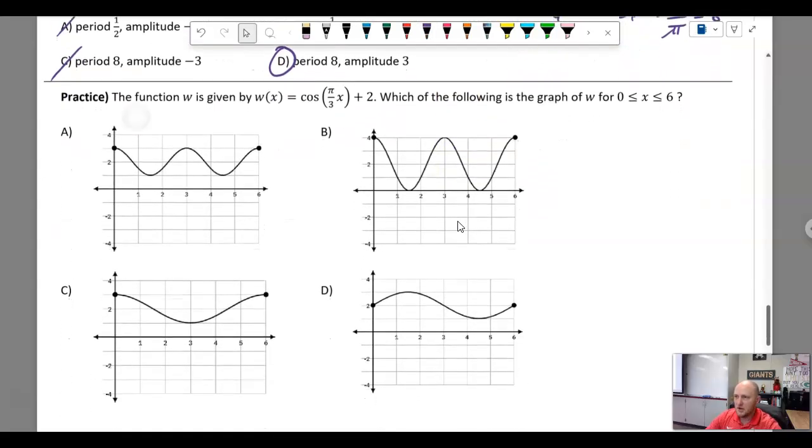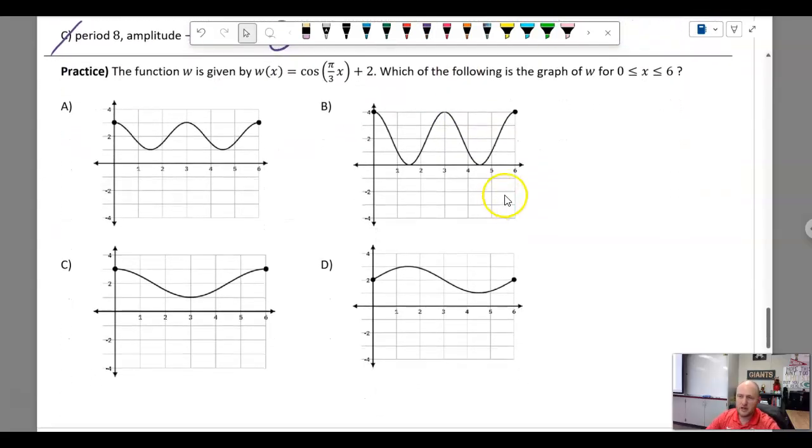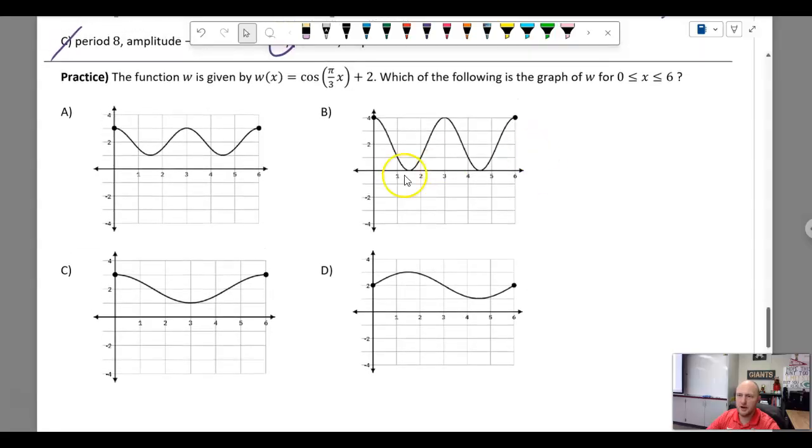Okay. All right, here is another example. Please go ahead, pause me. I want you to try this one. Okay. Hopefully on this one, you paid attention first to the D value. It is at 2. So you're looking for a midline of 2, which, looking at these, I feel like all of them have a midline of 2.